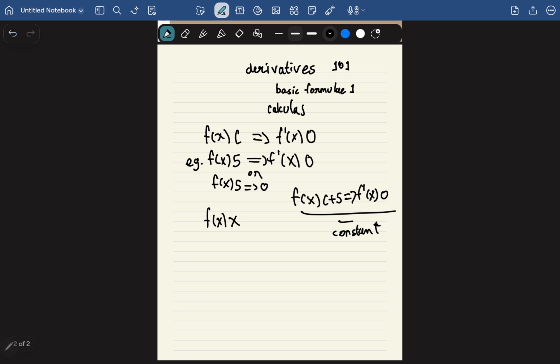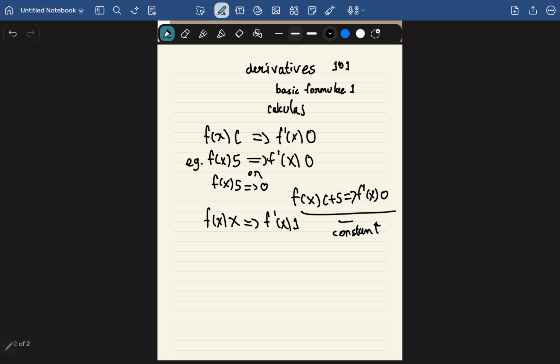Okay, now we have f of x equals another formula. We won't really be using this because it really doesn't appear in tests, so I just taught you that to give a basic grounding on derivatives. It's also an official formula. Anyways, this is what you're going to be using, which is 1.